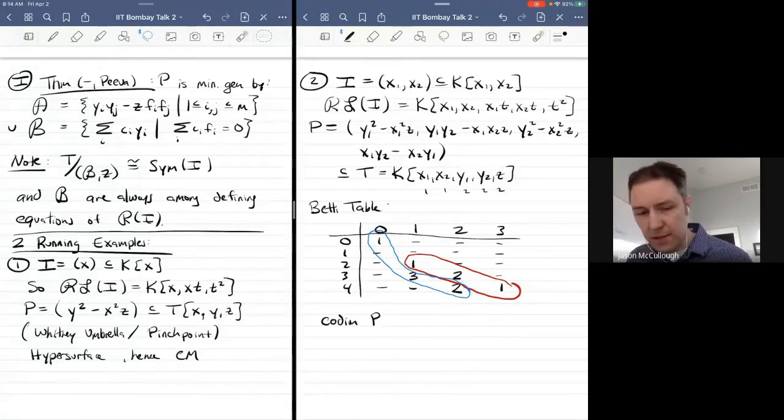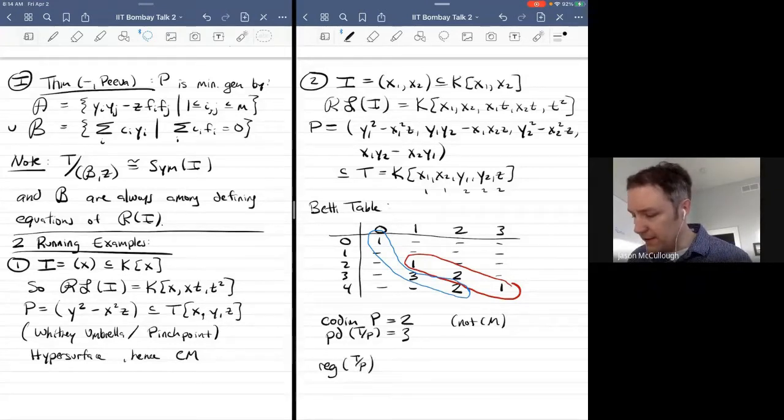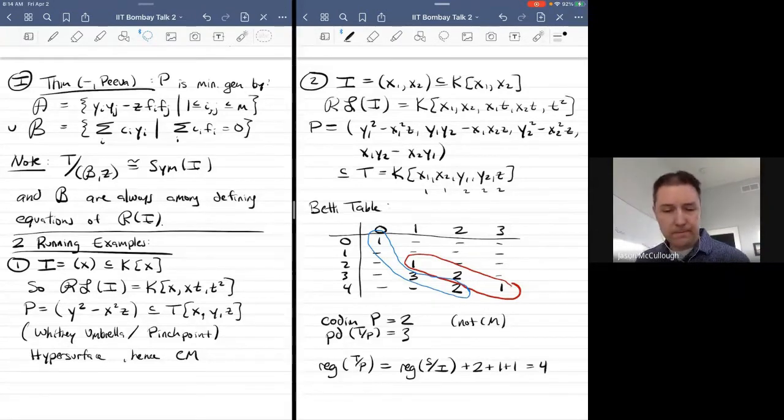The codimension of P is 2, while the projective dimension of the quotient is 3, so definitely not Cohen-Macaulay. And the regularity in this non-standard sense, remember I mentioned last time you could compute this as the regularity of the original ideal plus 2 plus the degrees of the generators of the original ideal, ends up being 4.